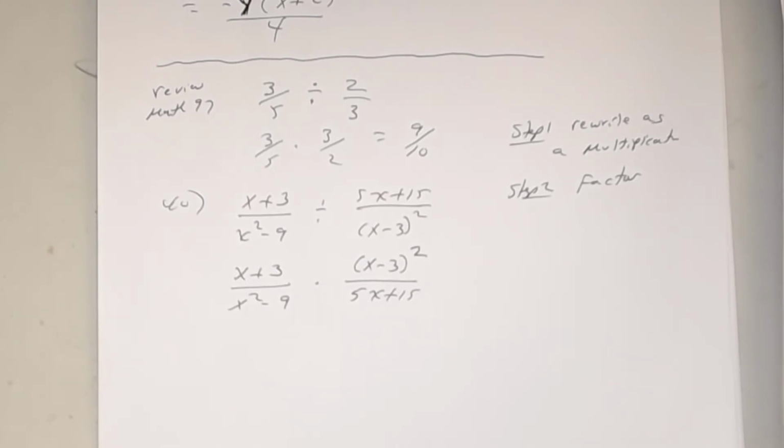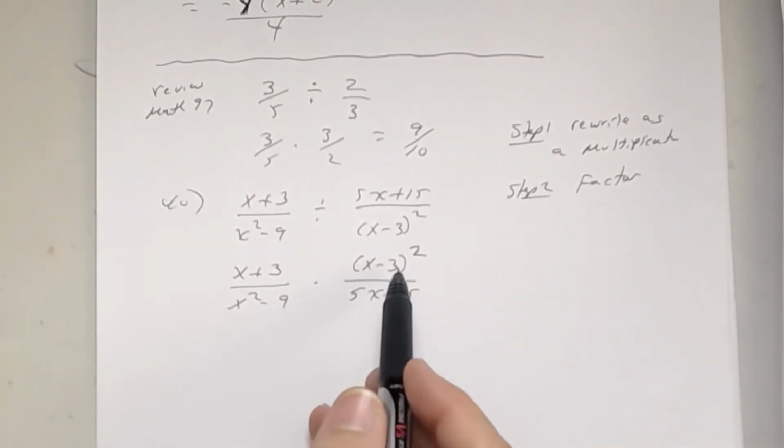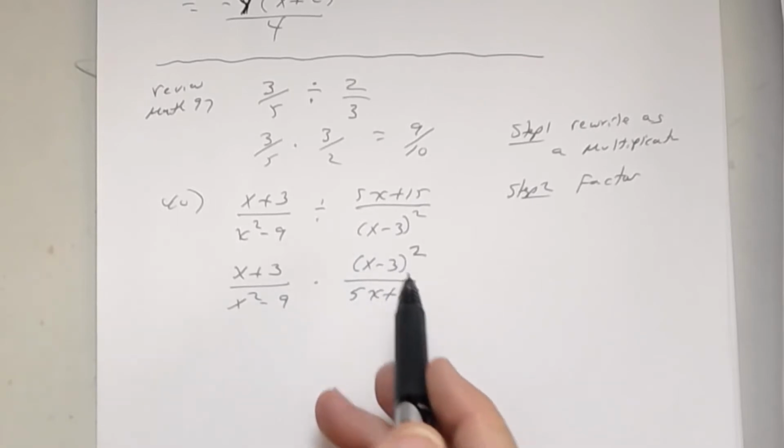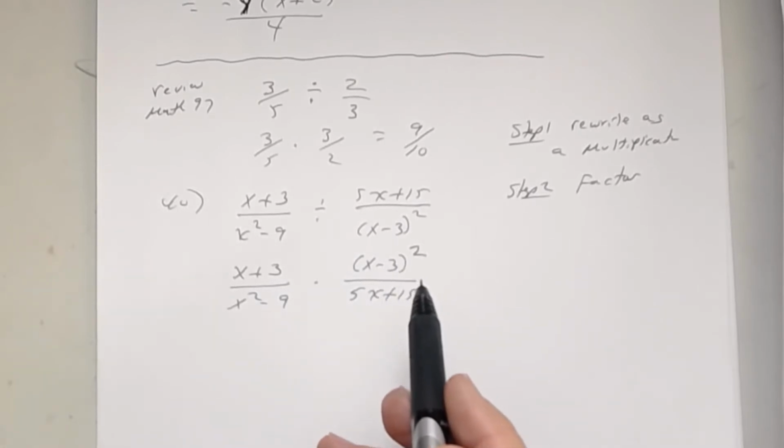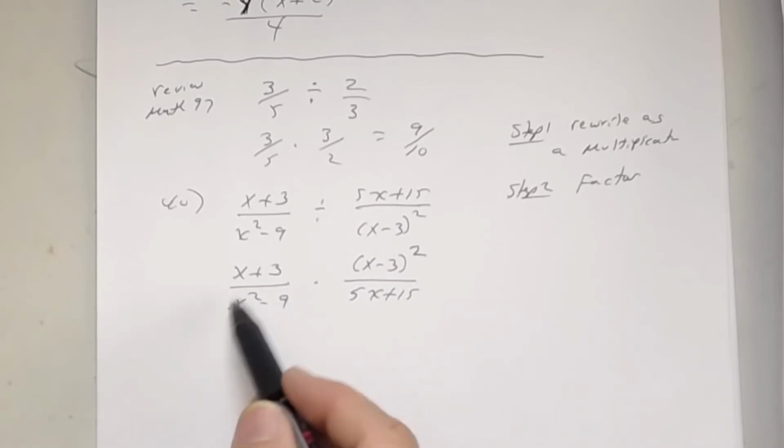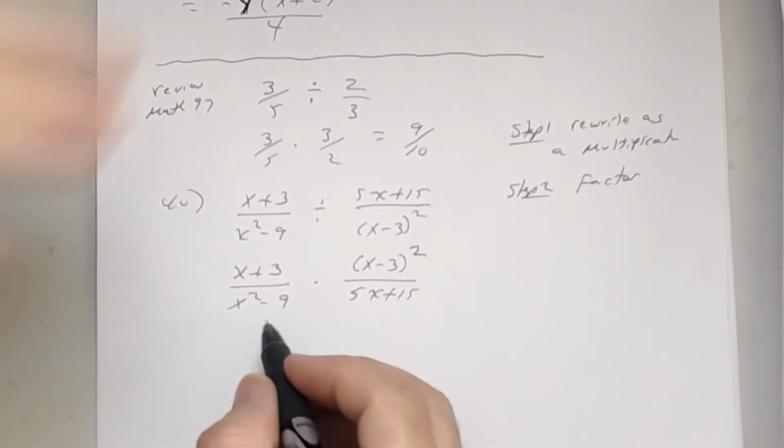Can I factor anything in the numerators? It's already factored, right? It's just written as x minus 3 squared. Now, if you want to, you can write it as x minus 3 times x minus 3. There's nothing wrong with that. You may want to rewrite it that way, but it's already factored. Can I factor this denominator? Yes, so I'm going to rewrite this.